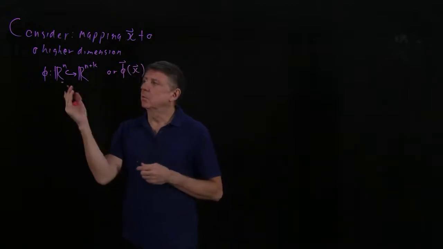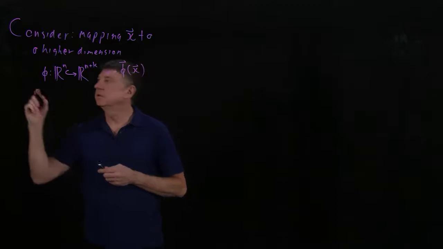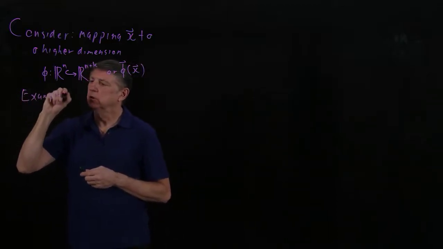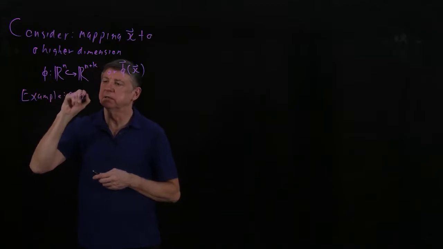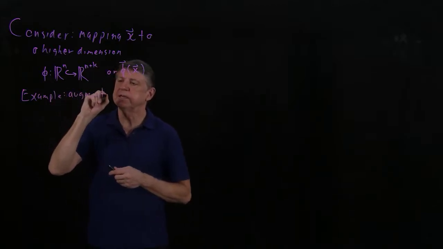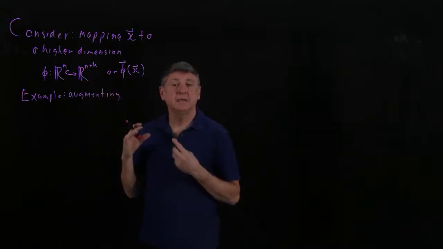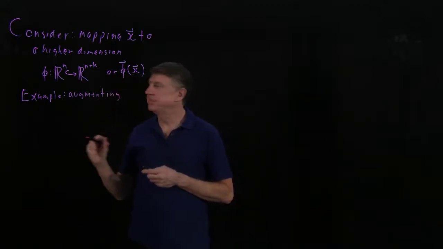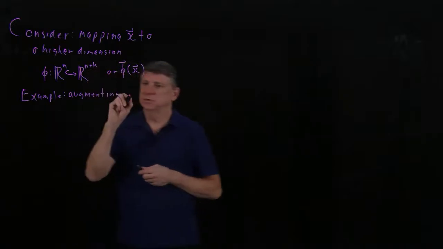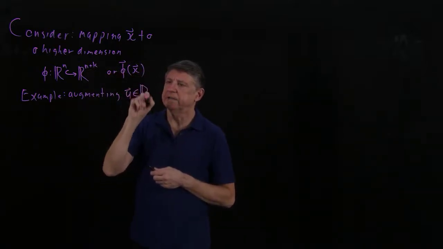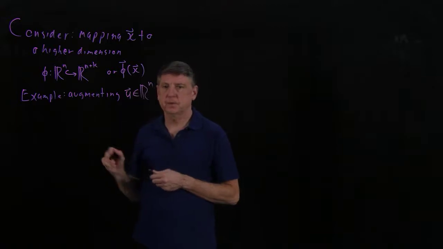And one example that we can do is we can say that we're augmenting, and that is we're taking the original data vector and we'll add entries to it. So let's suppose that we have a vector u and that it has n entries.